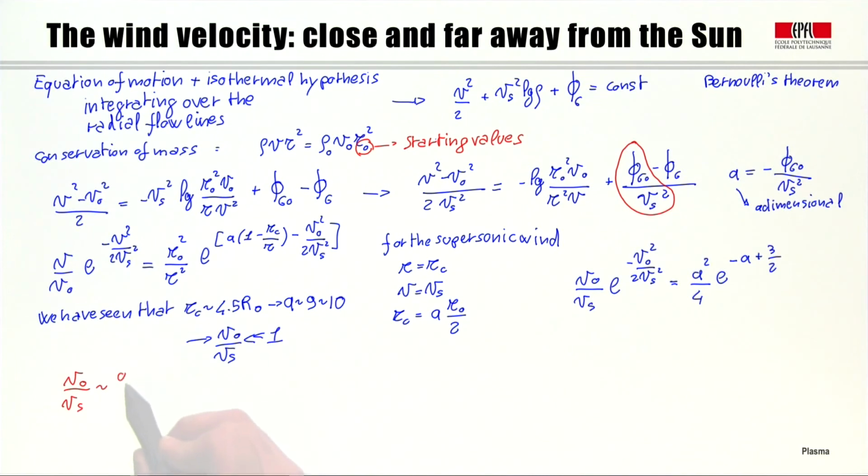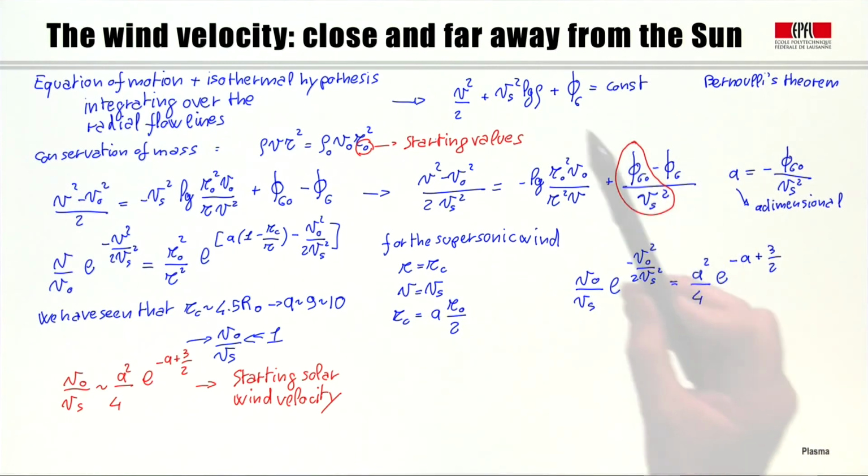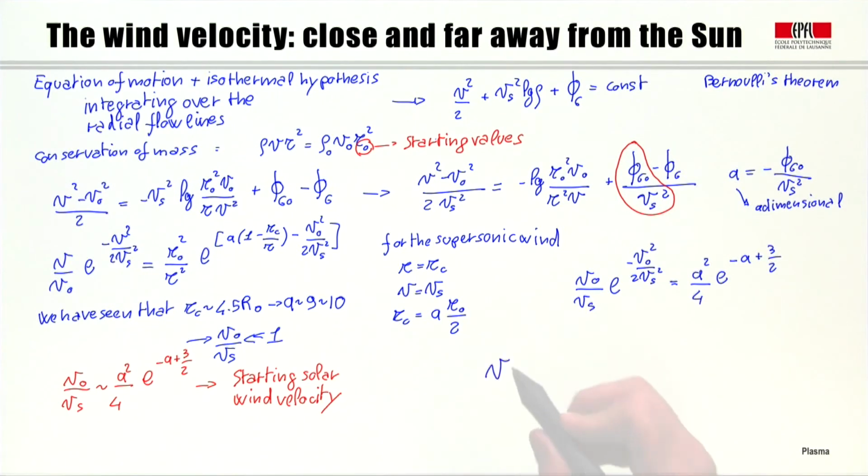And therefore, we can obtain the final result, which provides the value of the starting solar wind velocity. If we now plug this result into the original Bernoulli's theorem, we obtain the value of the velocity far away from the Sun. I will not go into the details of the algebra, but I will recall the main formulas here.